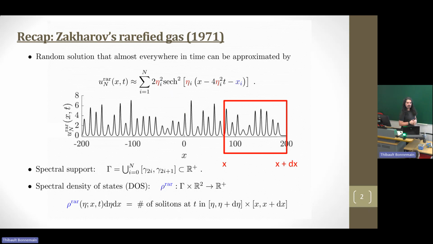Why does it depend on T? Because eta and X... no, that's true. But at that point, this is homogeneous, but then I can consider slow modulations. All right.